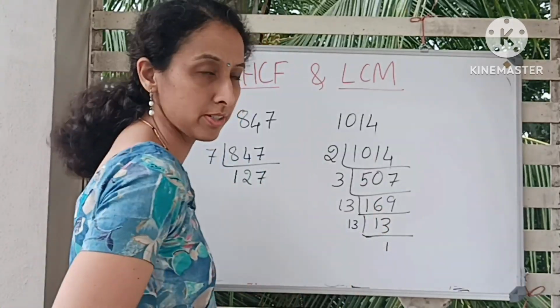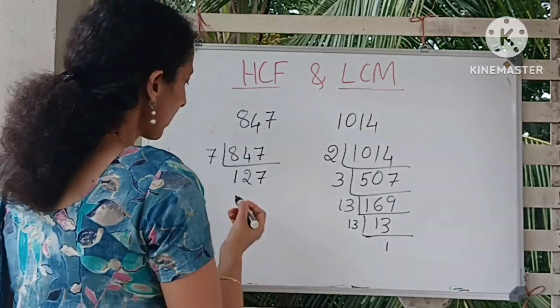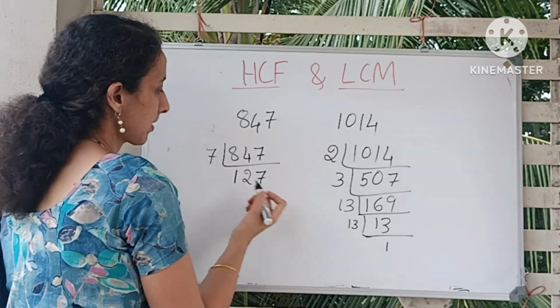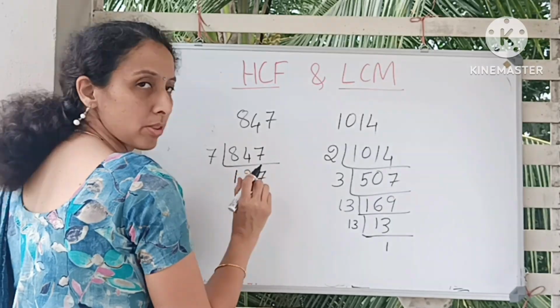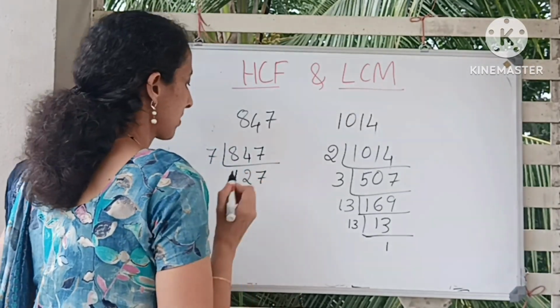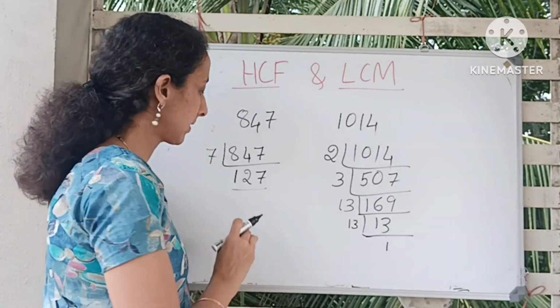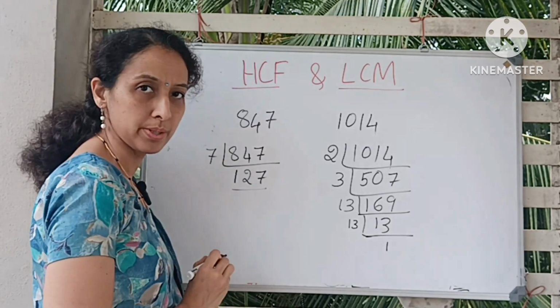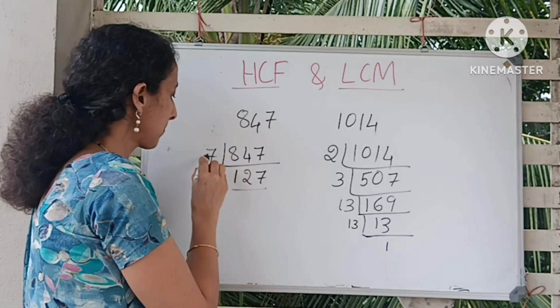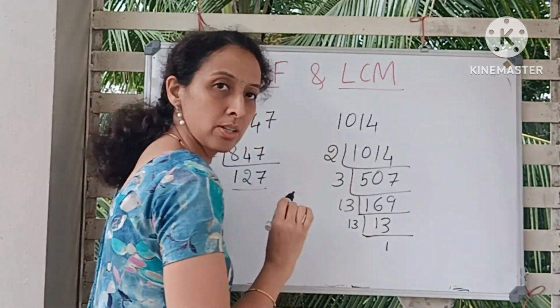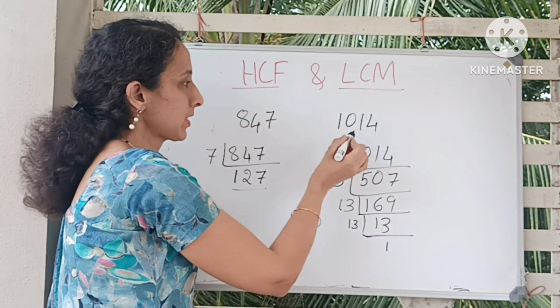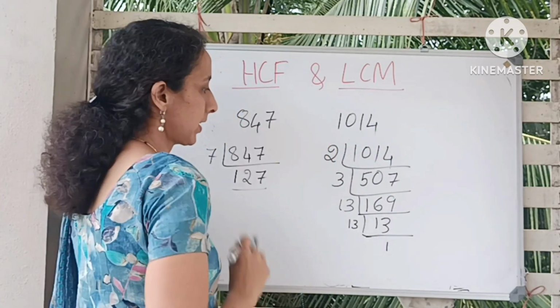We got the prime factors of 1014. Here, let me see if 13 divides this. No, 13 is not going to divide this. So I think this is a prime number. When this is a prime number, we do not have any common factors between 847 and 1014.